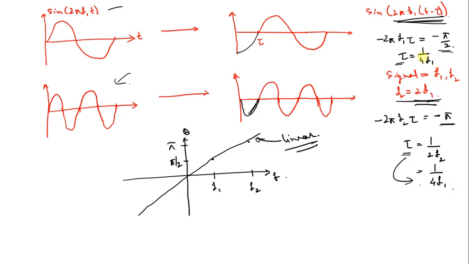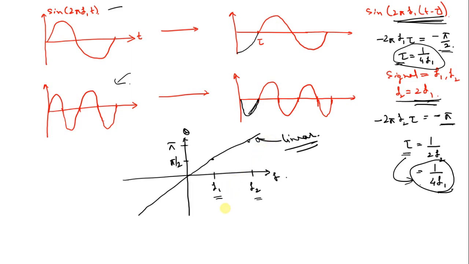So in both the cases, they are the same. Now if you plot it over here, f1 and f2, we are having minus pi to pi. So if you see, it is here and it is here, and if you join them, it is basically a linear function.